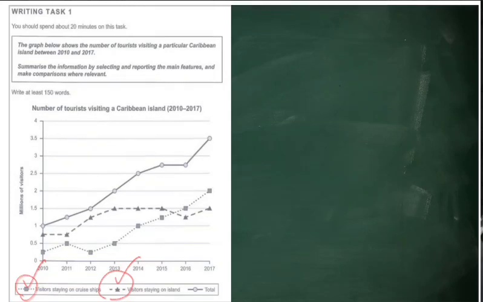Now, there's usually a question: should we be writing exactly, let's say, 150 words or more? It really depends on how much information there is. As long as your main features are not satisfied, you would definitely write as much as is required.